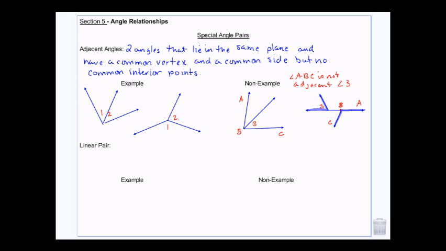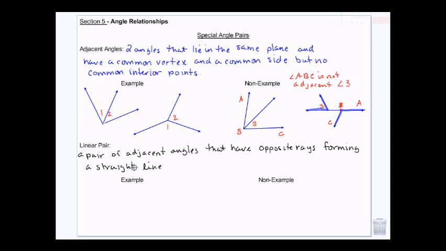Now, a linear pair is another type of adjacent that happens. A linear pair is a pair of adjacent angles that form a straight line. So what'll happen is you have your first angle and then your second angle comes in, and they make a straight line, except that's not a straight line.